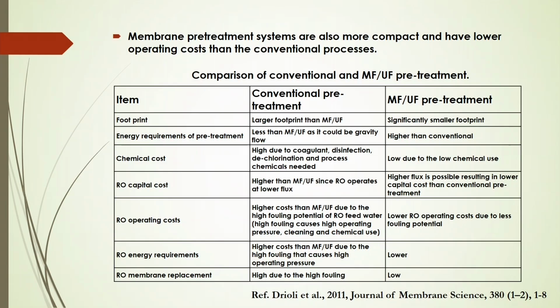And if you consider RO membrane replacement, there is a high possibility of replacement with conventional pre-treatment due to the high fouling, whereas with microfiltration and ultrafiltration it will be low.